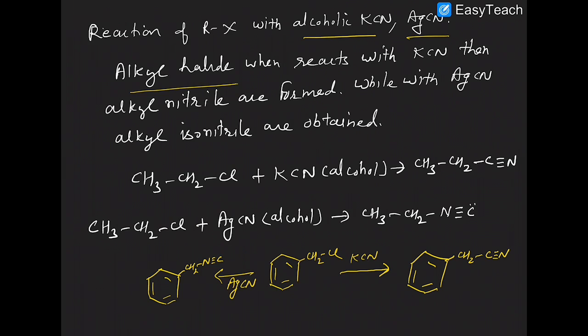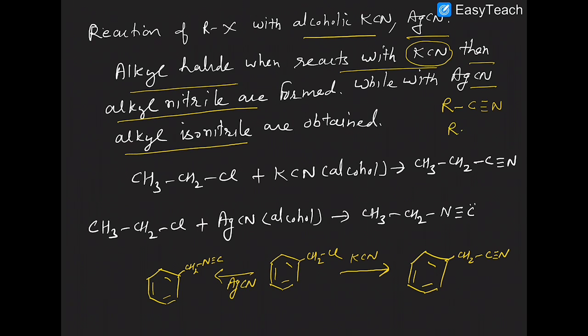Now when alkyl halide reacts with KCN, then alkyl nitriles are formed. I am repeating once more. When alkyl halide reacts with KCN, nitrile is formed. Nitrile means the bond between carbon and carbon will occur. And when it reacts with AgCN, then isonitriles are formed.